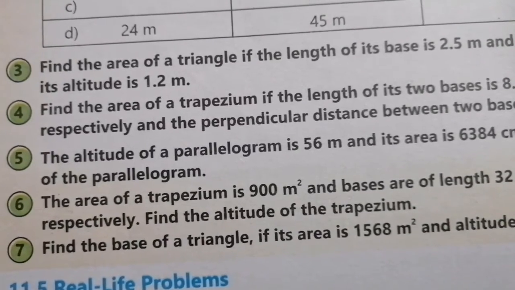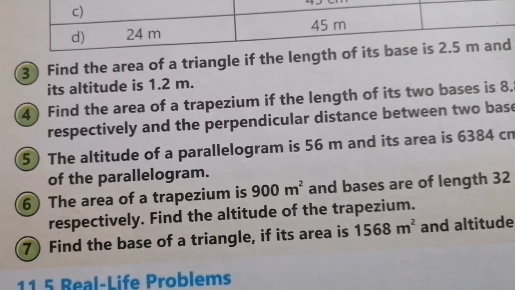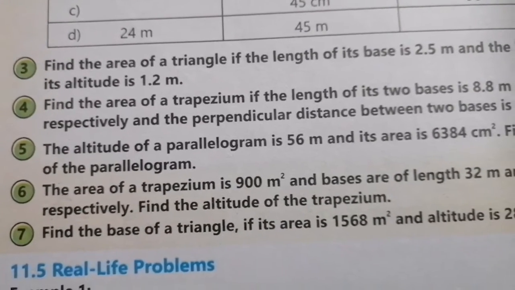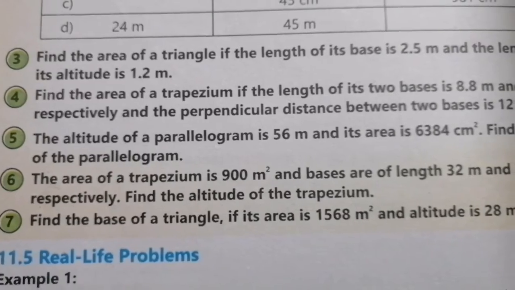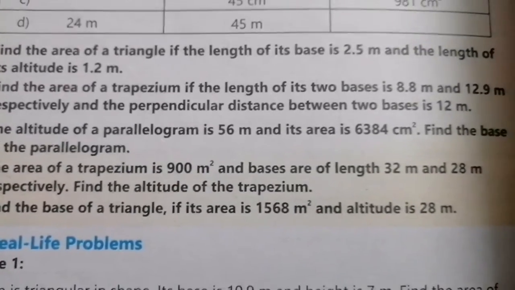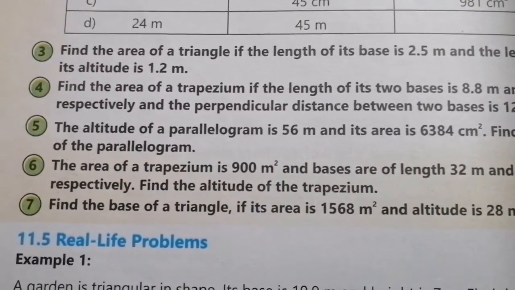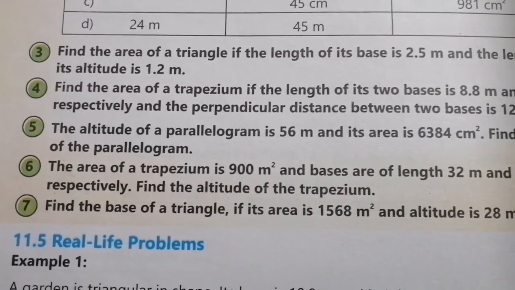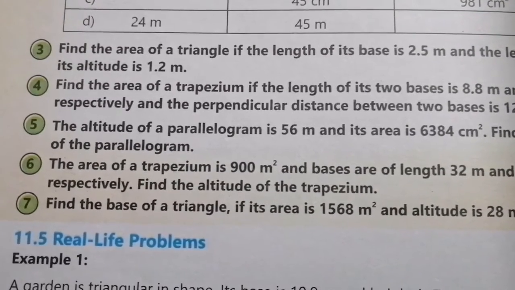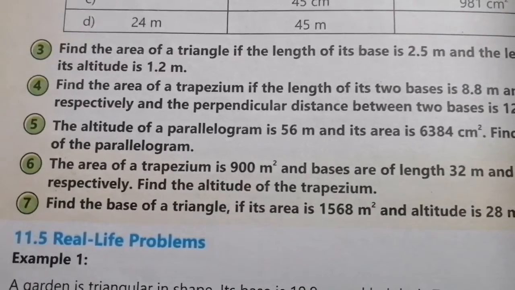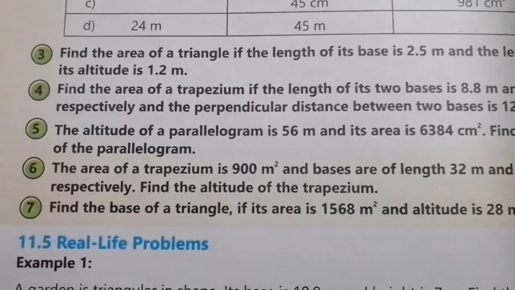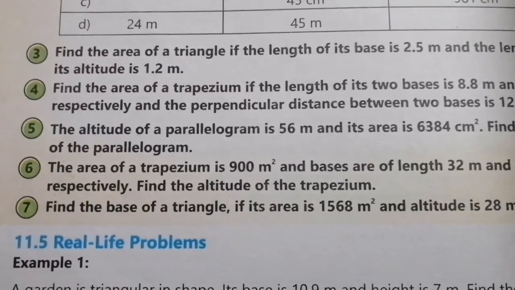Here question number 3 is: find the area of a triangle if the length of its base is 2.5 meters and the length of its altitude is 1.2 meters. We have to find the area, where the base and altitude are both given. So we can use these quantities in the formula and we will get the answer.